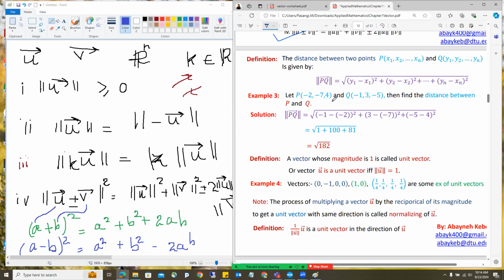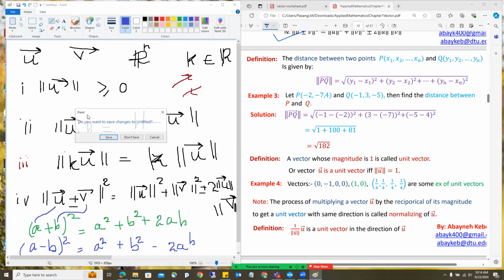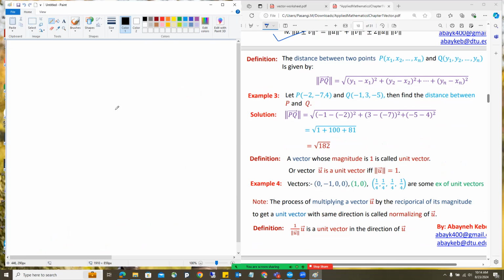Okay. Now, to find out the distance between 2 points, we have the origin here. So let's assume we have 2 points. Here we have point P, here we have point Q. This one is OP vector, this one is OQ vector.